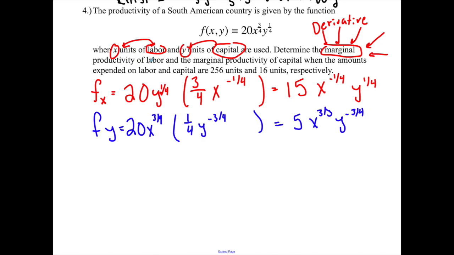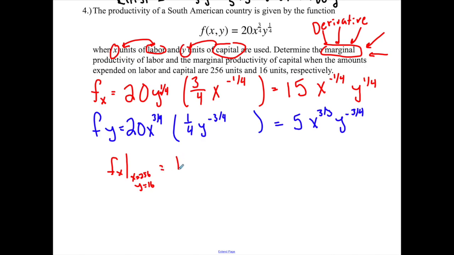All right, and so now what we need to do is examine the marginal productivity of labor and capital at the point in time when we're spending 256 units on labor and 16 units on capital. So what they're saying is they want the partial with respect to x when x is 256 and y is 16.